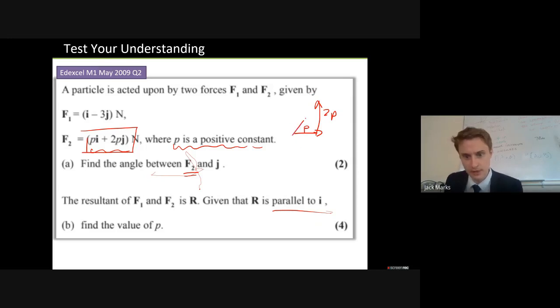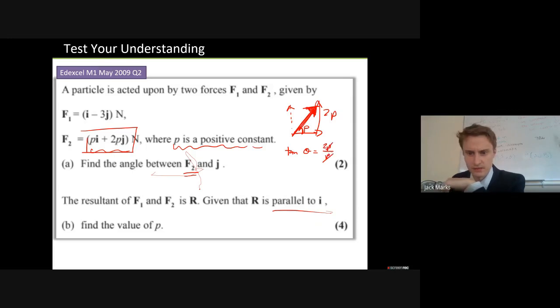Be resilient with it. So what is the angle made between, let's make it a little bit more obvious, shall we? What's the angle made between this vector here and J? It's a bit like a bearing. Well, if you find this one in the middle, if you find this one here, that's going to be tan, isn't it? Tan equals opposite over adjacent.